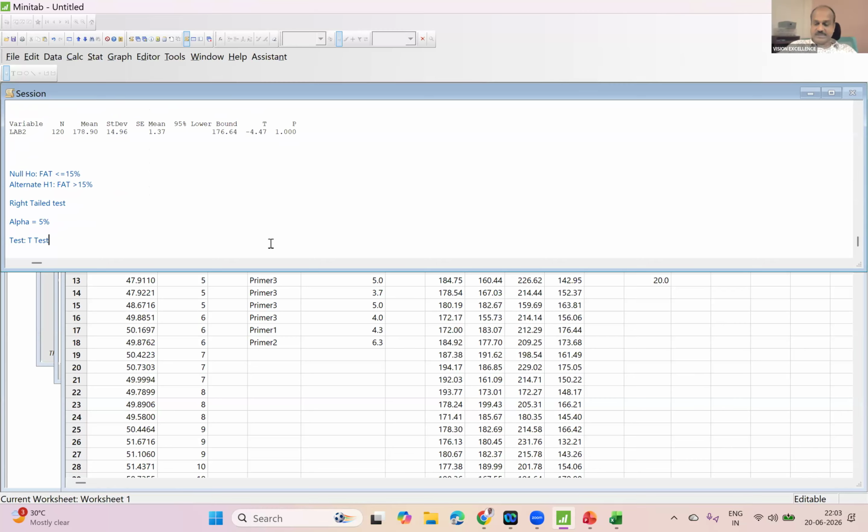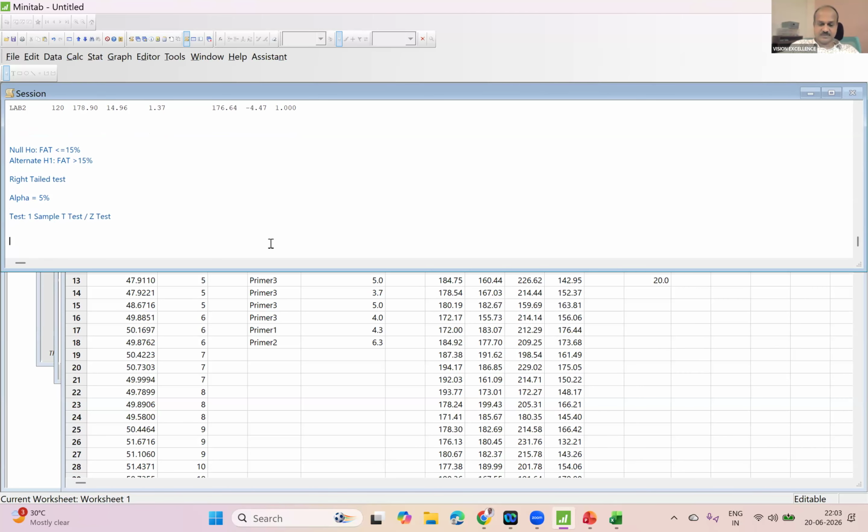I don't know whether it is T test or Z test, but definitely one sample test. And now there are two possibilities: historical data or needed information shared. You know what is the needed information?